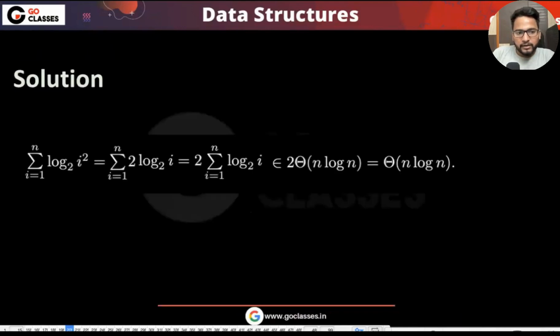By the way, if I just ask you something like this, the order of this, instead of i, let me use k. K seems good. Suppose I ask you, can you find out this summation? Can anyone tell me how to do this?